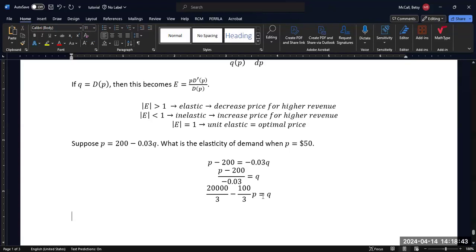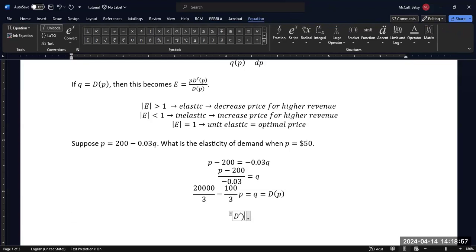And then this is my demand equation now, my demand in terms of the price. And so I'm going to take the derivative of that. So D prime of P, the derivative of Q with respect to P, is going to just be negative 100 over 3 in this case.